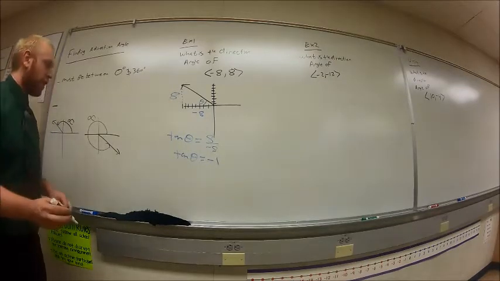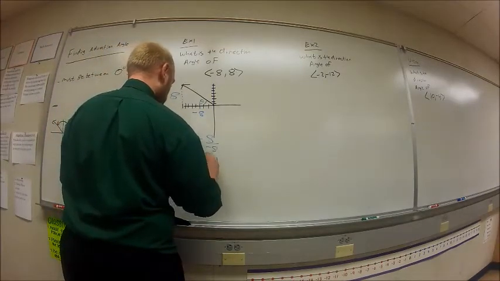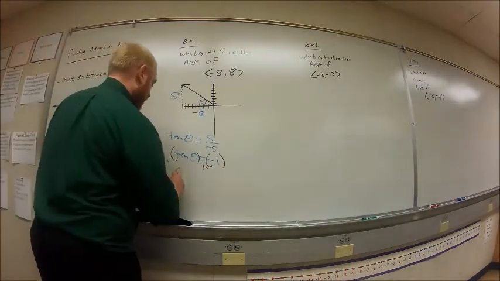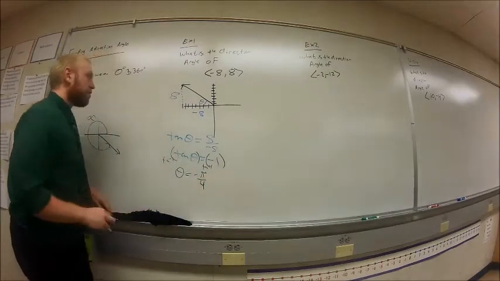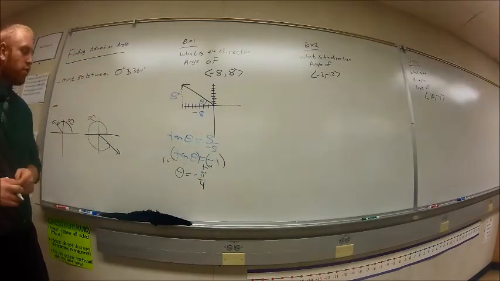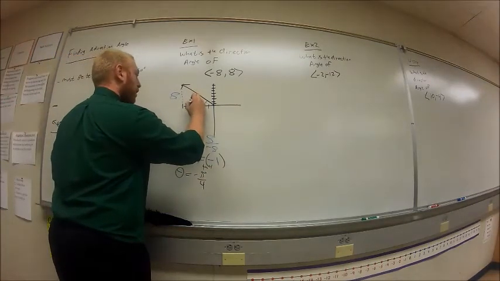We'll take the inverse tangent real quick. And that theta would be negative pi over 4, technically. But think about it for a second. We're in the second quadrant. So the reference angle that has a tangent of negative 1 is going to be pi over 4 in there.